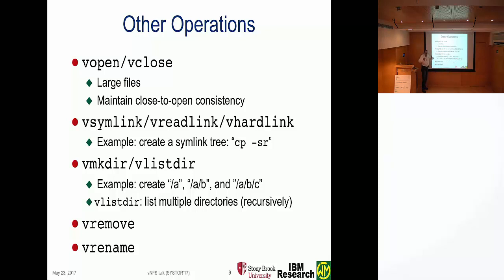Internally, we're going to break it down and map it to what the protocol wants. And in the protocol, you cannot say create a directory tree directly. You have to create each directory separately. So we have to break things into create A and then create B in A and then create C inside B. We do all that stuff internally for you. And of course, removing, renaming, a few other things.